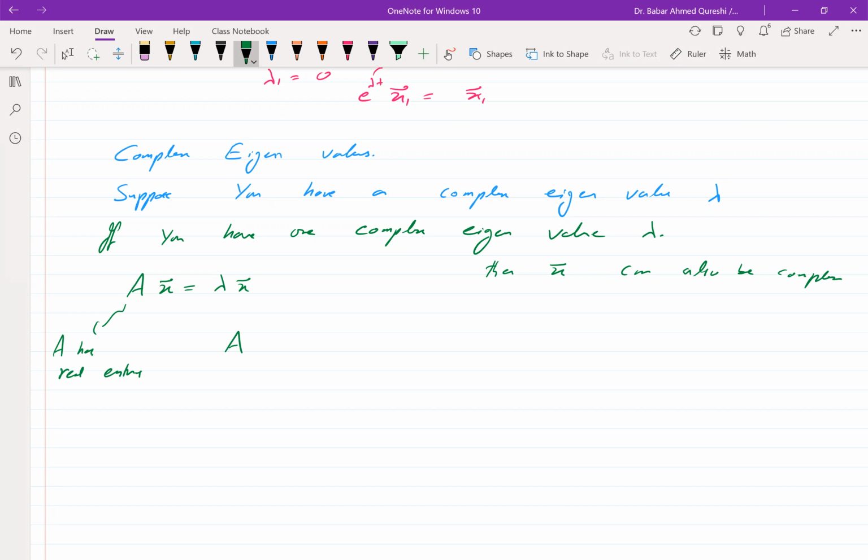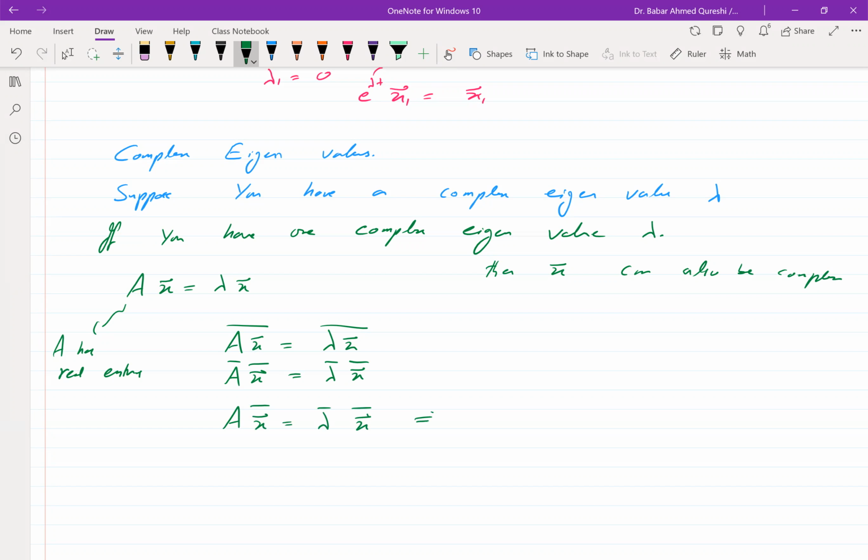So if I take complex conjugation, and when I take the complex conjugate of A, it's real, so nothing happens to it, and I get this.